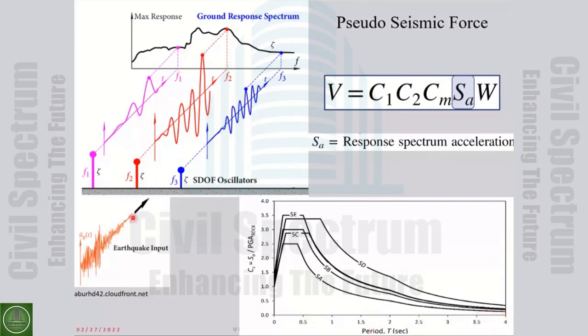And the response spectrum shows us the buildings with different periods and usually the same level of damping, 5%, which is usually a good measure. If the same earthquake applies to them, what will be their maximum response? So that's the response spectrum.